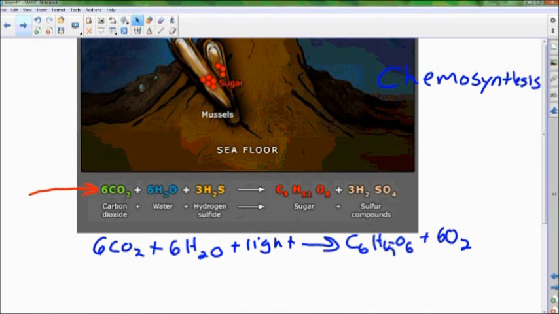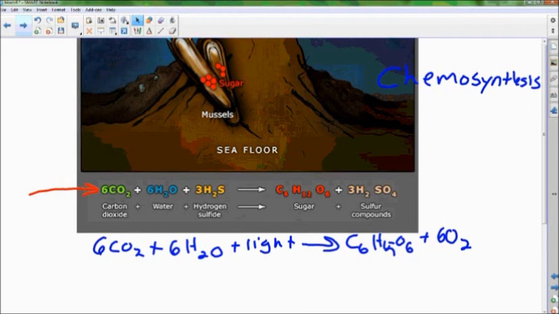Here they're using carbon dioxide, they're using water, but instead of light, they use hydrogen sulfide. Hydrogen sulfide is an acidic compound that is found bubbling up through these black smoker vents. It comes from deep in the earth, in the mantle of the earth, down where there's lava, or well, not lava, magma, but there's hot compounds down there.